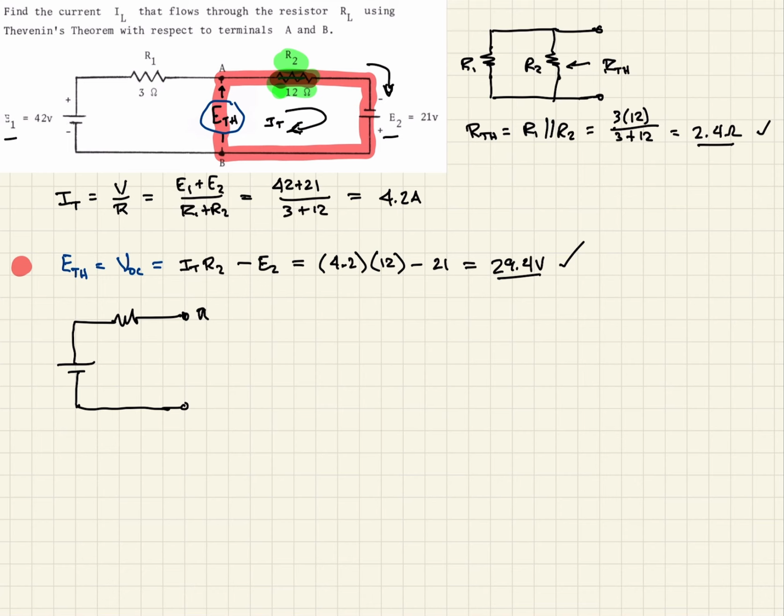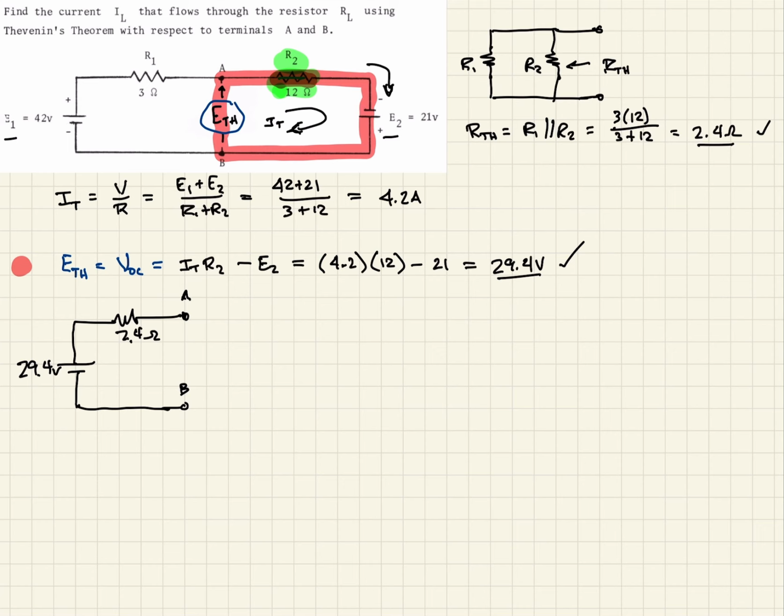So we still have our terminals A and B, and we're saying that this is 29.4 volts and that this is 2.4 ohms. So that's our equivalent circuit for what we have up top.